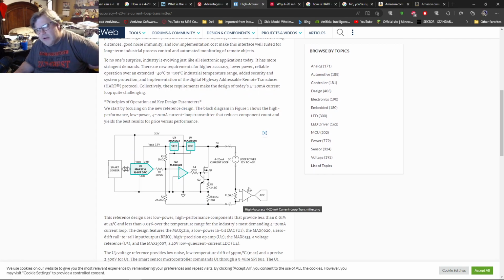If you're starting your own industrial business or automated business or whatever, here you go. If you have trouble buying one already assembled, you can get the parts from DigiKey, Jameco, Mouser Electronics, SparkFun, wherever you want to go, and voila. There's your schematic for your own 4 to 20 milliamp loop transmitter.